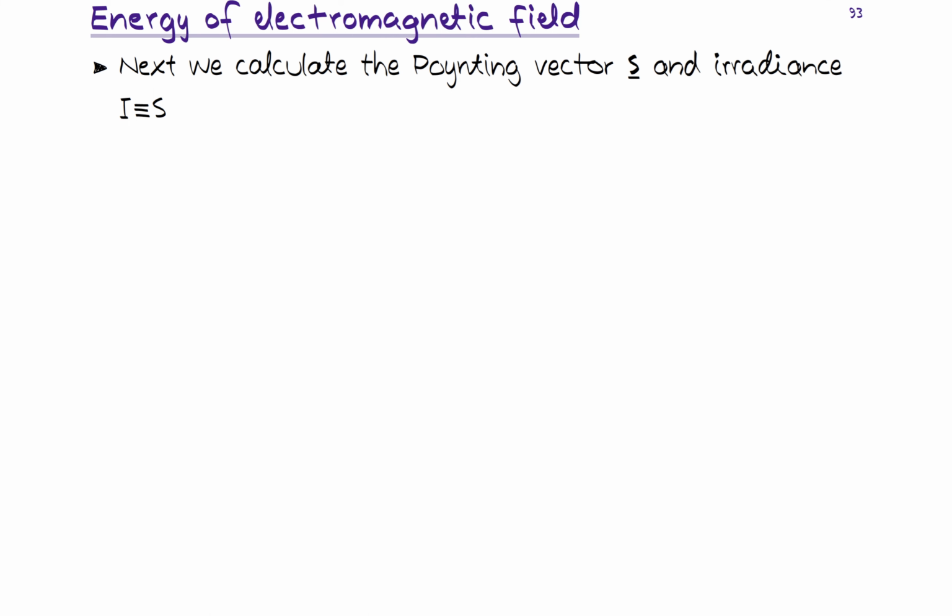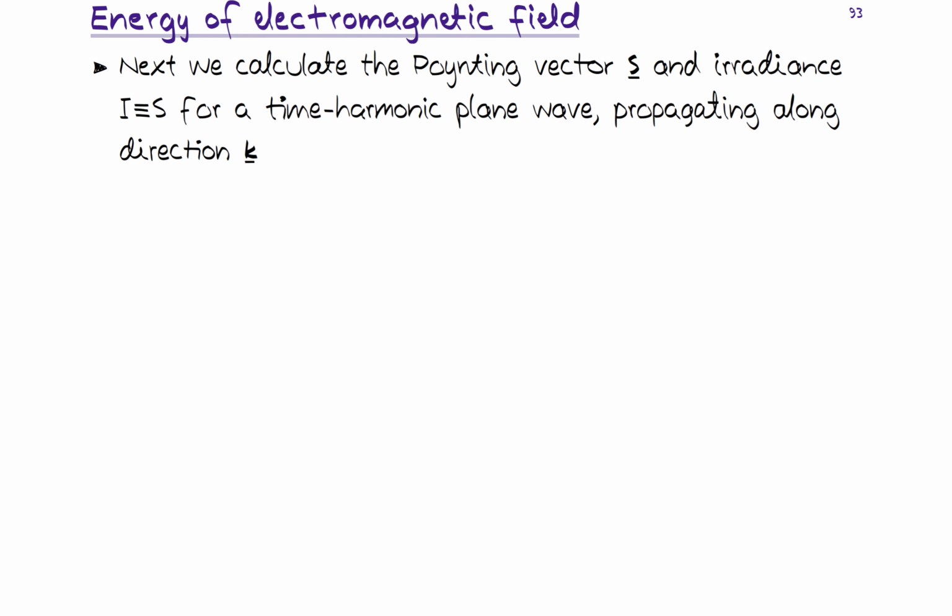So the Poynting vector S and the irradiance I, which is of course the amplitude, the length of the Poynting vector, for a time harmonic plane wave can be calculated quite easily. The time harmonic plane wave propagates in the direction of k as long as we're in vacuum, and we're interested in calculating the Poynting vector for this entity.